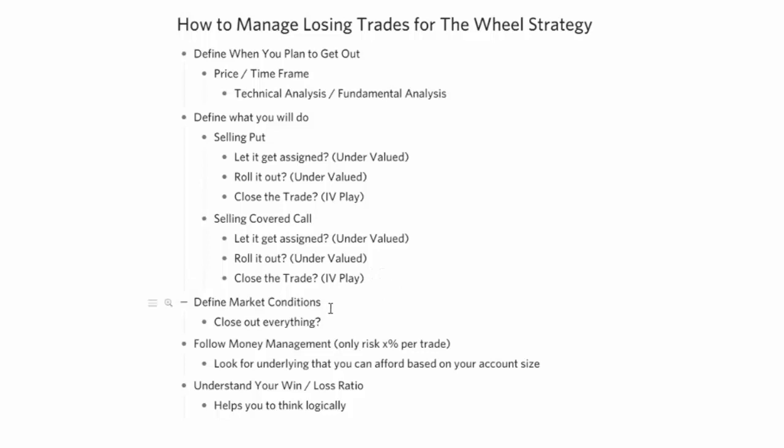Then the next point is define market conditions. So what I mean by that is we really want to look out and see what is happening in the entire market. So we should check different indicators, and one of the indicators that I use is VIX. So VIX measures the volatility, the nervousness of the market.